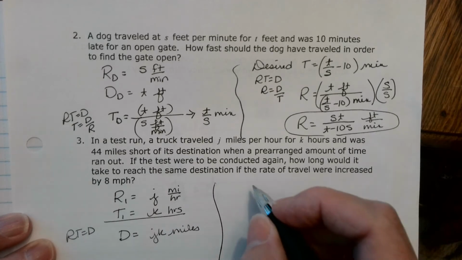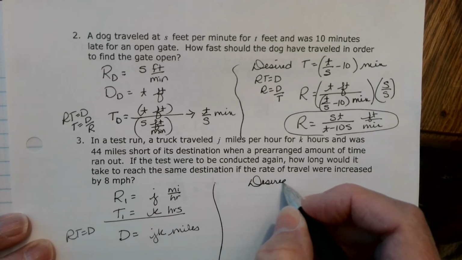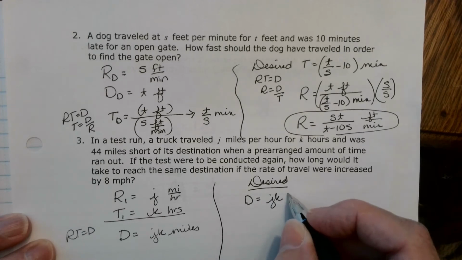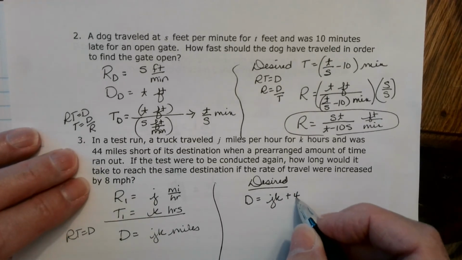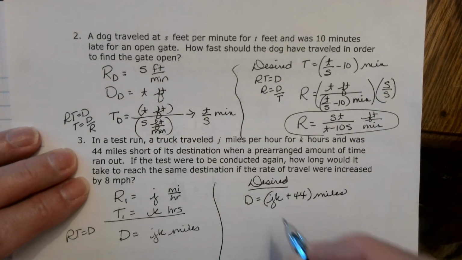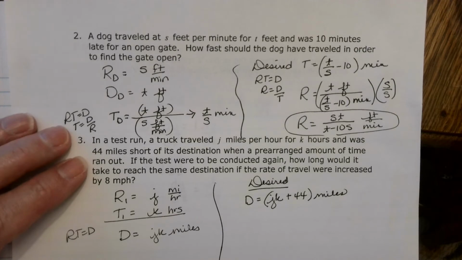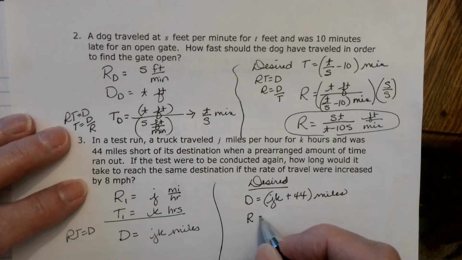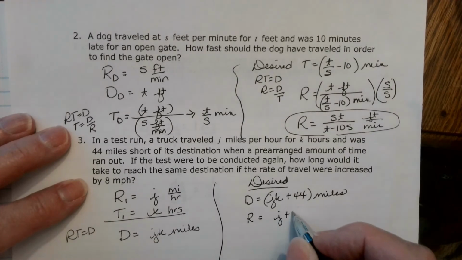So the desired distance is going to be JK plus 44 miles. That's what he wants to do. And it says that his rate is increased by 8. So his desired rate is going to be J plus 8.